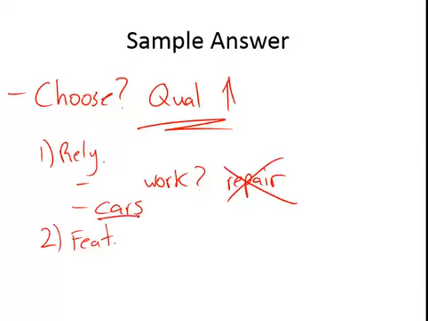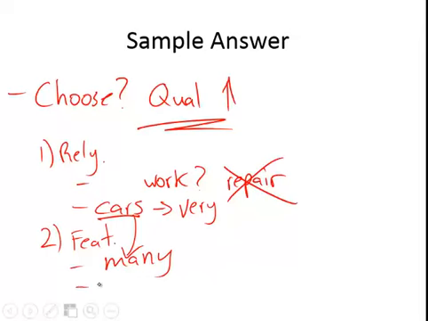Cars, she says, are actually very reliable now. And then she moves on to talk about features. And this continues, and she talks about car features. She says cars have many features. So, features are more important. They are the deciding part of quality that we use to make our choices when we buy products.